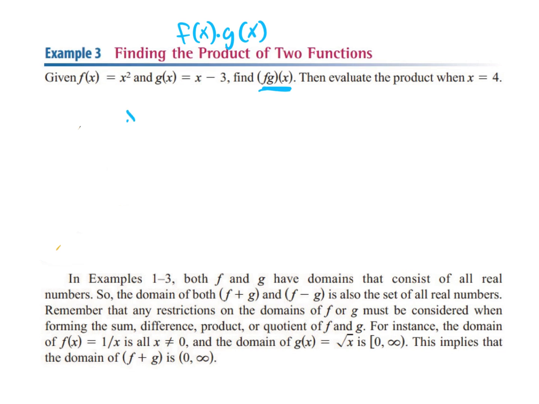So here we have x squared times x minus 3. We want to simplify, so we're going to distribute the x squared. So x squared times x would be x to the third power, and x squared times negative 3 would be negative 3x squared. So this is f times g of x.